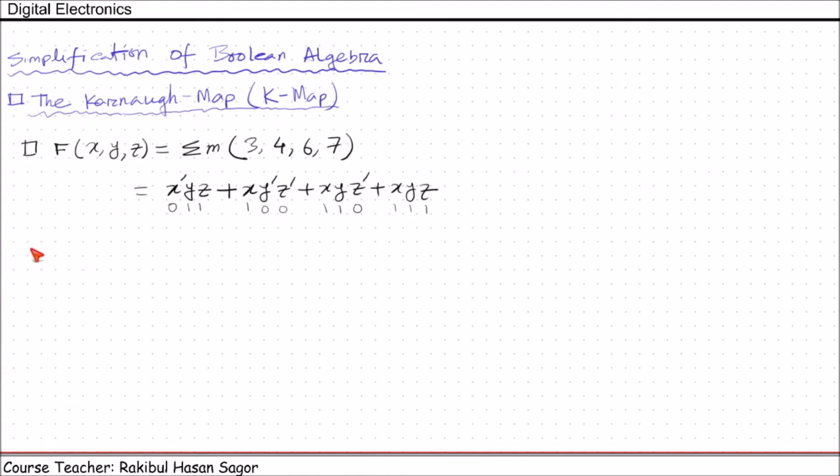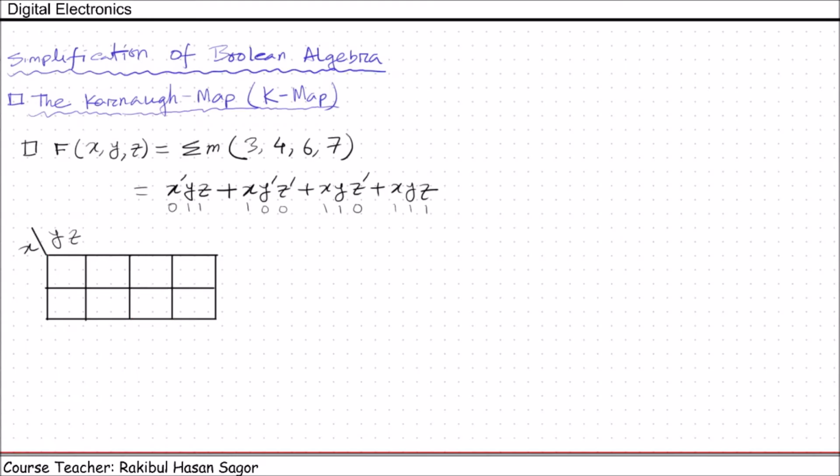We can either take x, y on one side and z on another side, or we can take x on one side and y, z on the other. Let's take x on one side and y, z on the other. So yz has 0 0, 0 1, 1 1, 1 0 values, and x has 0 and 1 values.